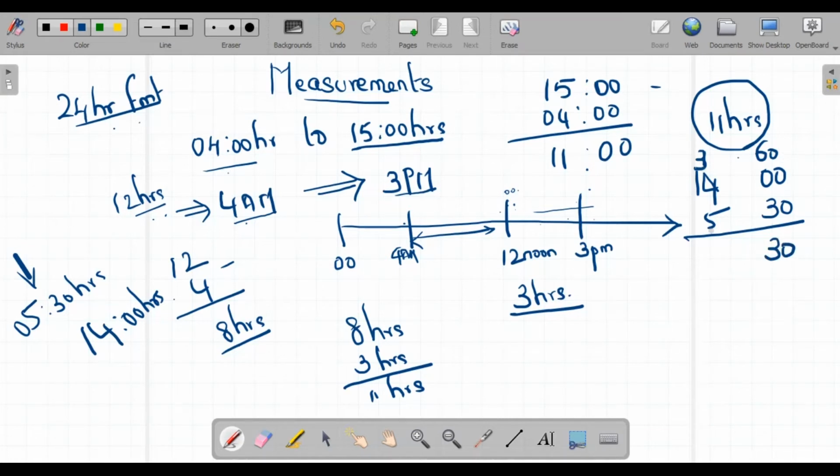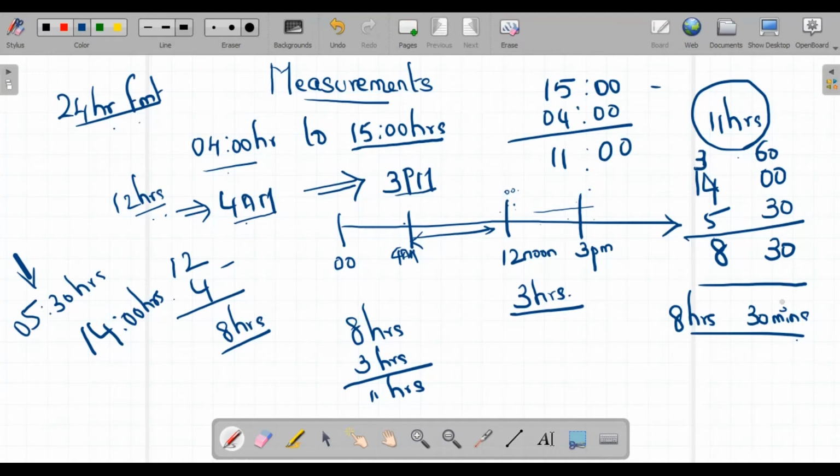And 13 minus 5 is 8. So the time that has passed between 5:30 a.m. and 2 o'clock in the afternoon, or 1400 hours as measured in 24-hour format, is 8 hours and 30 minutes. Okay. So this is a way to find the duration.